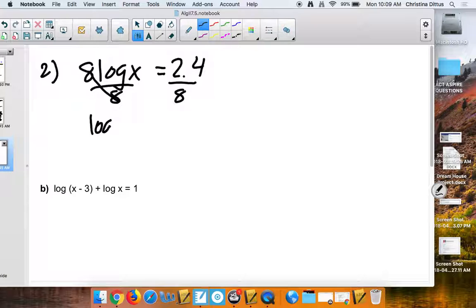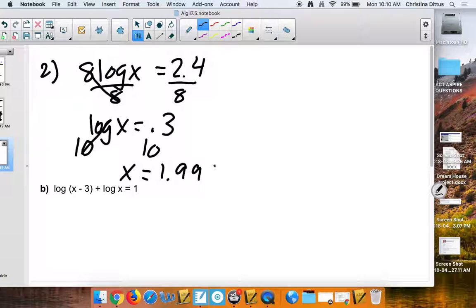I got log of x equals how much? 0.3. Now what? 10 power. My log's by itself, so I get x equals 10 to the 0.3, which is 5.